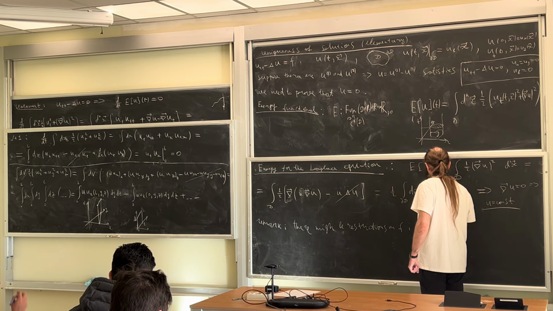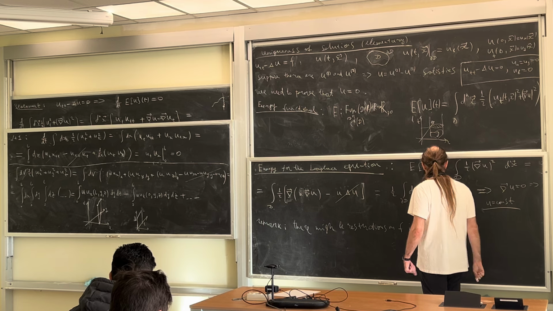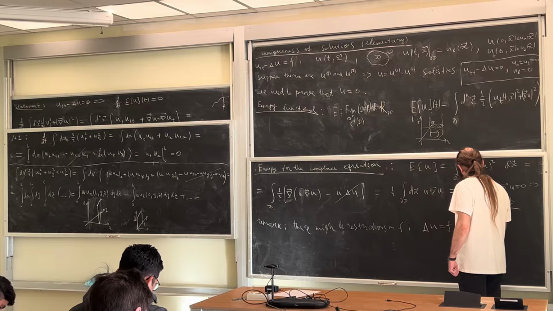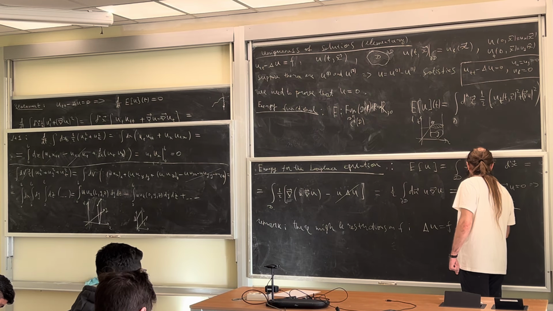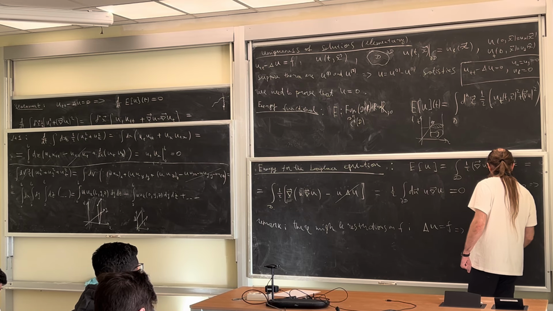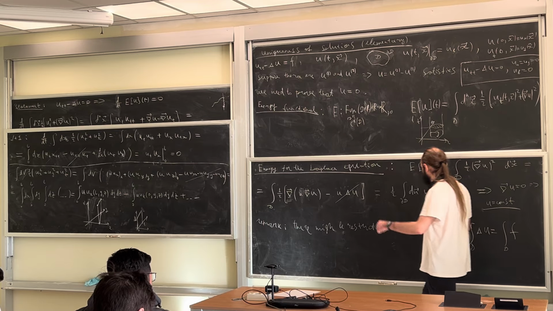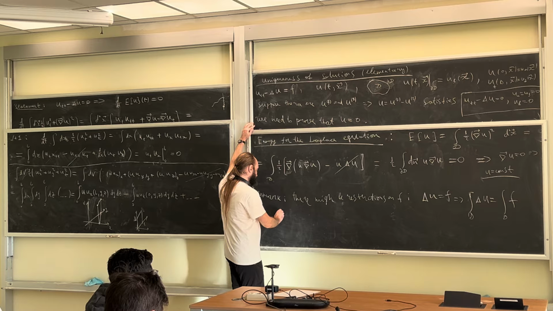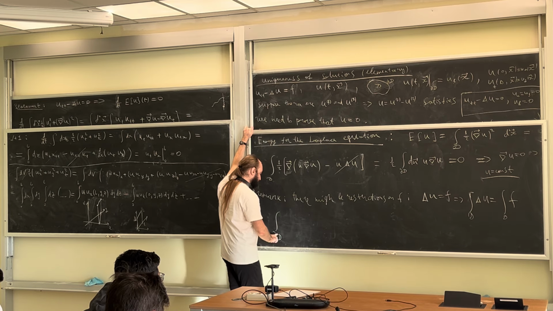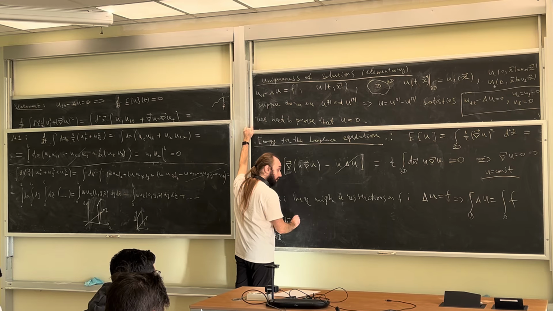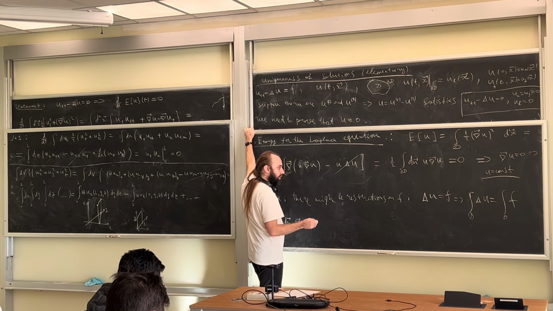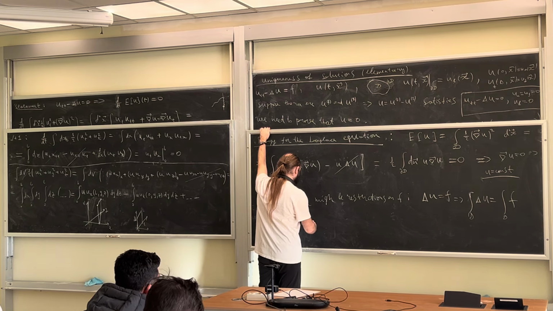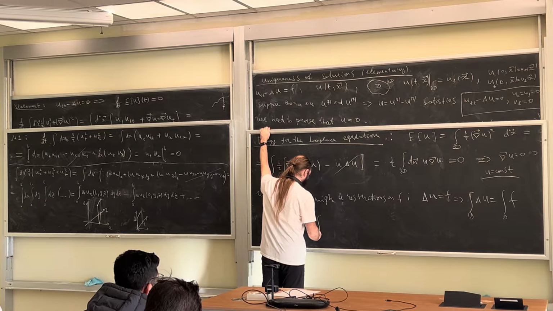In the sense that if we have Laplace of u equals f, then we can integrate this over the domain. The integral over the domain of Laplace of u is the integral over this domain of f, and this left hand side can be written as the integral over the boundary of this domain of dn gradient u, equals the integral over the domain of f.